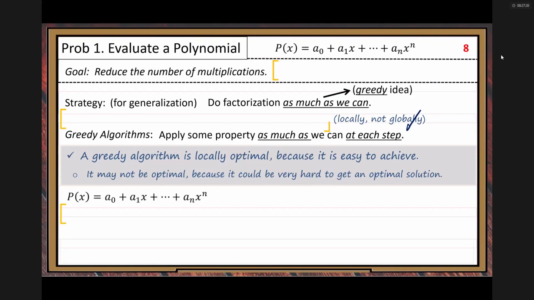Now the general polynomial with the pattern. This time, don't throw away our experience from n equals 2 and 3. It's very valuable. So we should use the basic structure from our previous 2 experiments and do the best we can here.